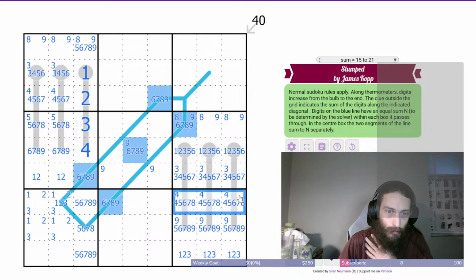And because of that, none of these can be a 3 because they would force a 2 here. And that would break this part. So none of these can be 3.